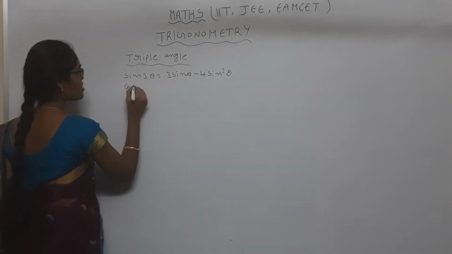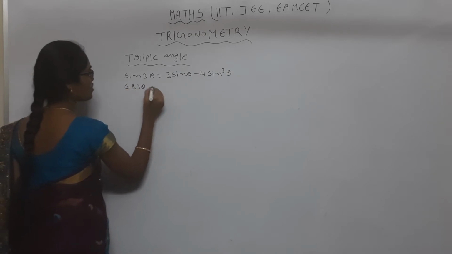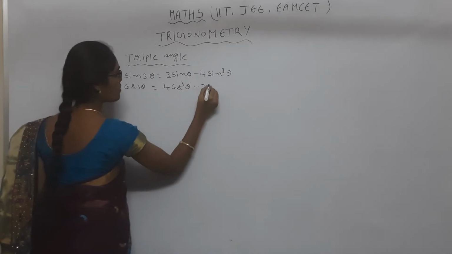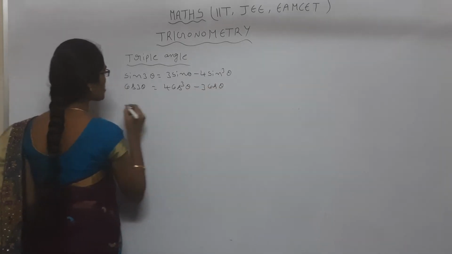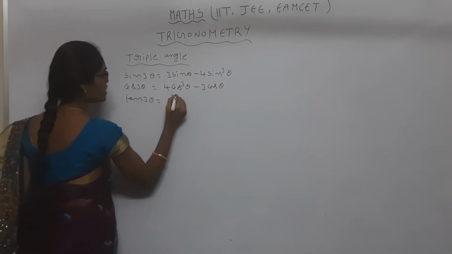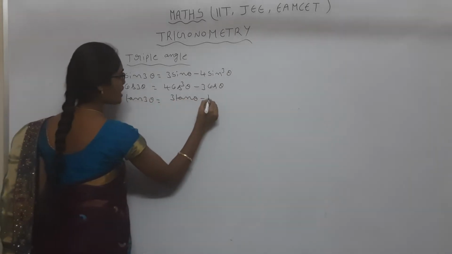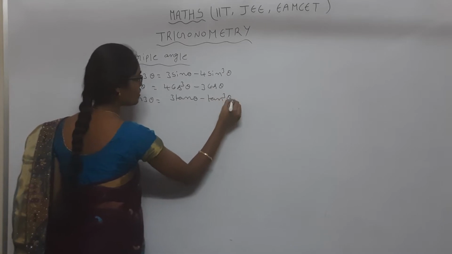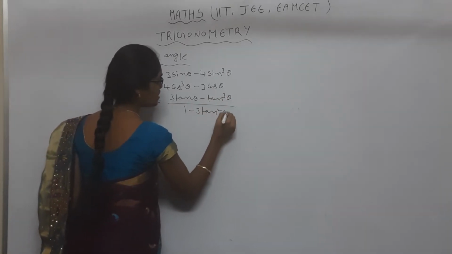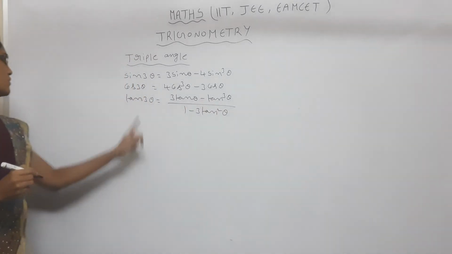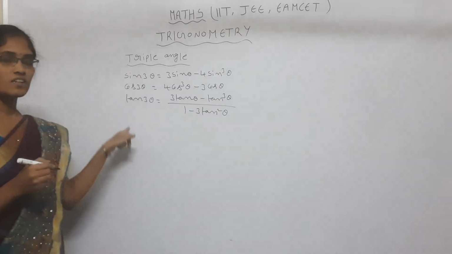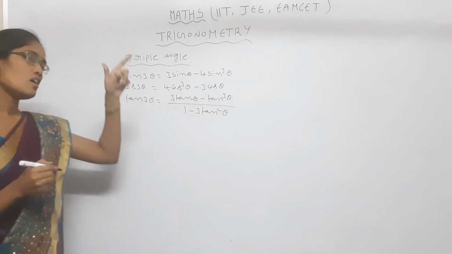Next, cos 3 theta is equal to 4 cos cube theta minus 3 cos theta. Next, tan 3 theta is equal to 3 tan theta minus tan cube theta by 1 minus 3 tan square theta. Sin 3 theta, cos 3 theta, tan 3 theta are very important formulas for objective questions.